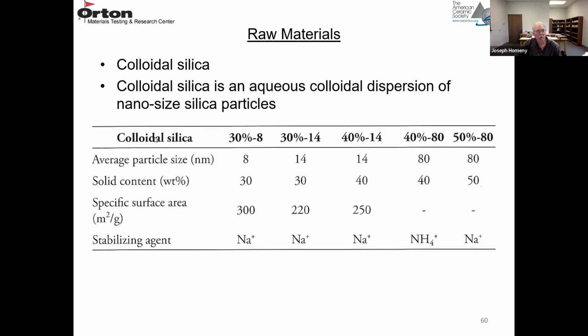So here's some examples of colloidal silica. The first number in percent is the solid content. So there's mixtures here at 30, 40, and 50 weight percent silica. The second number, 8, 14, and 80, is the average particle size in nanometers.